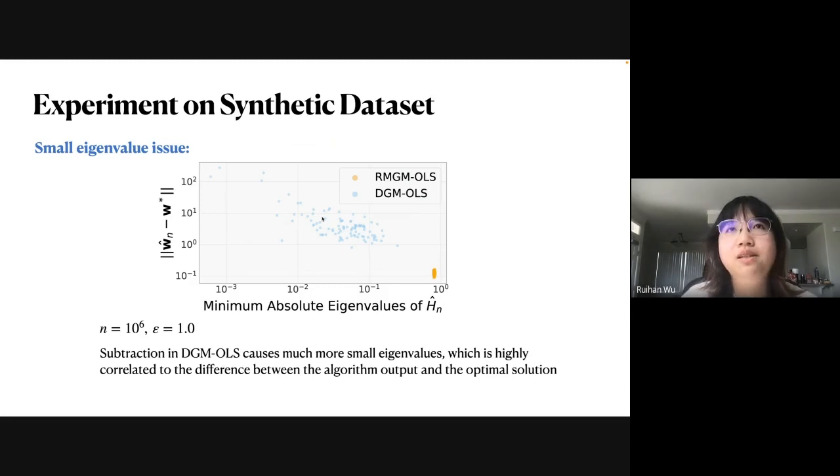These blue points are the absolute values of the eigenvalues, and the red ones are the eigenvalues of our method, for that matrix before the inverse. We can see that DGM-OLS has way more small eigenvalues than our proposed method, and accordingly the error is much higher than our method.